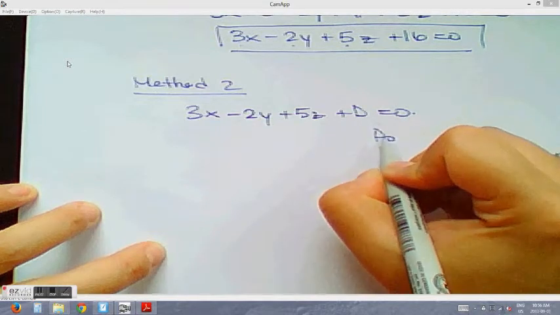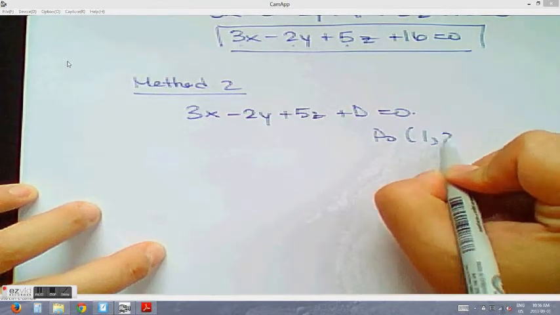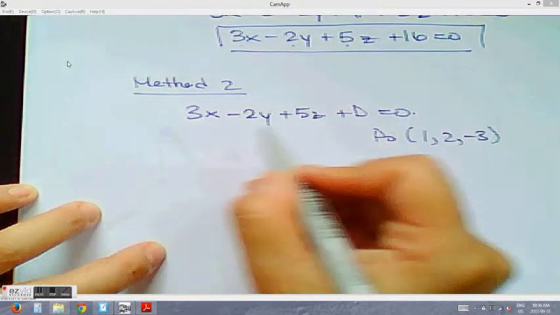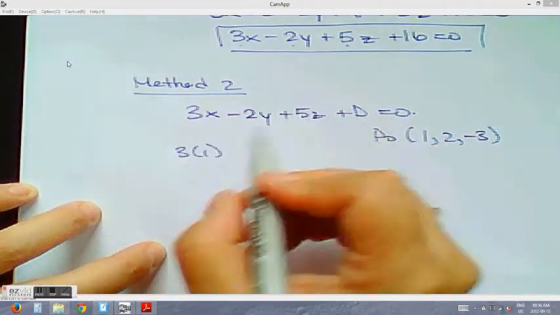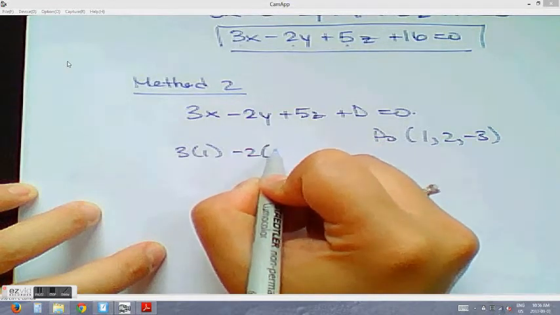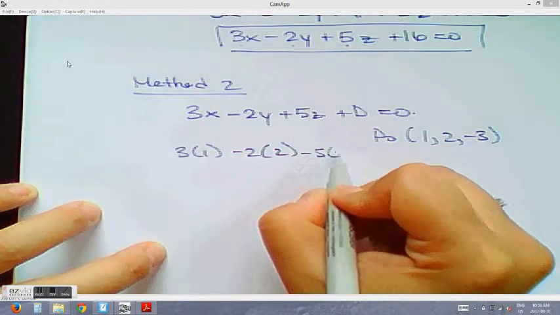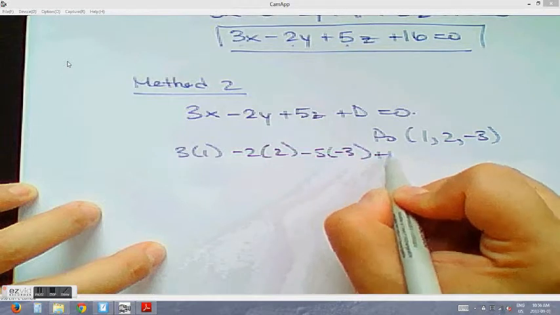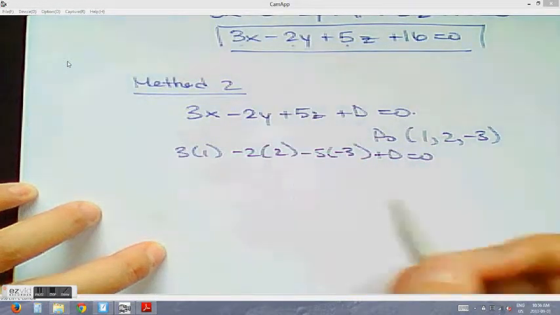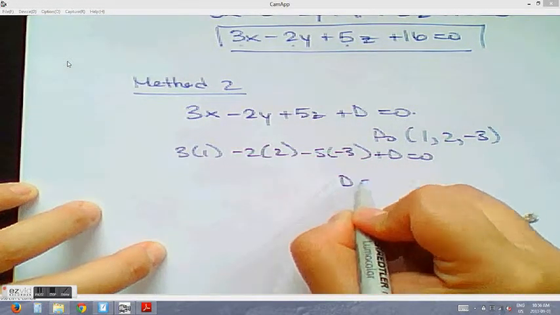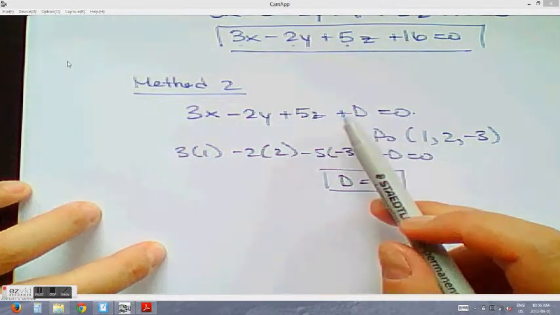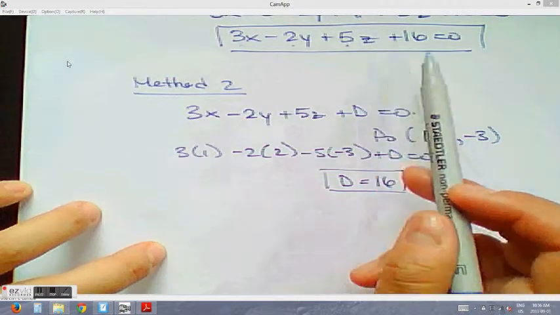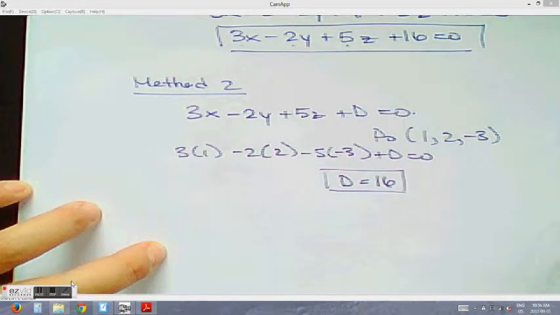Now take your point P naught, (1, 2, negative 3), plug it into here, and come up with the value of d. In simplifying, d will work out to be 16 as we found before. Plug it back into our scalar equation and it gives us the same answer.